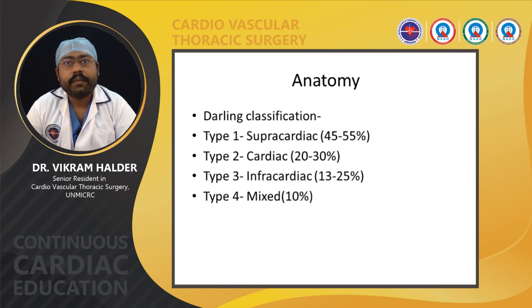Type 3 is infracardiac TAPVC, 13 to 25% of patients, in which the common chamber with the vertical vein drains into the portal vein. And type 4 is mixed TAPVC, present in 10% of patients, in which there is a combination of supracardiac, cardiac or infracardiac drainage.